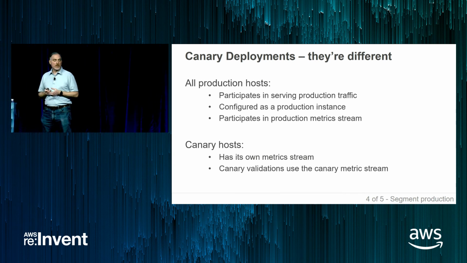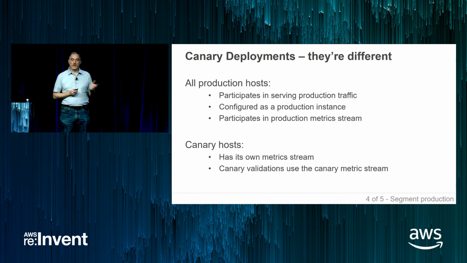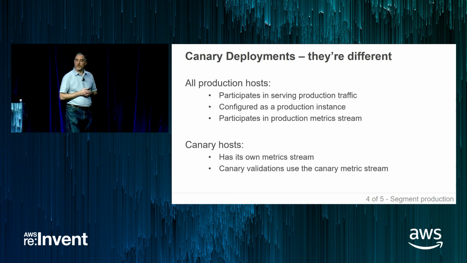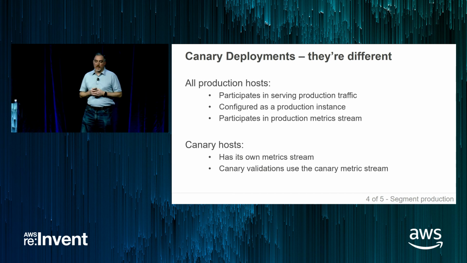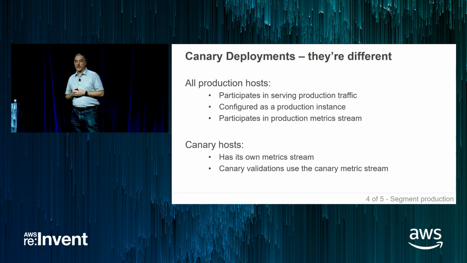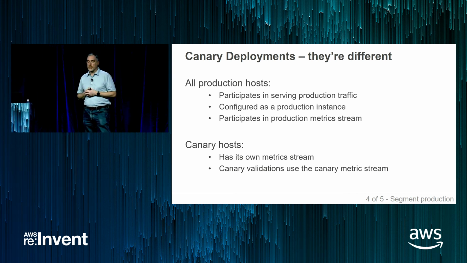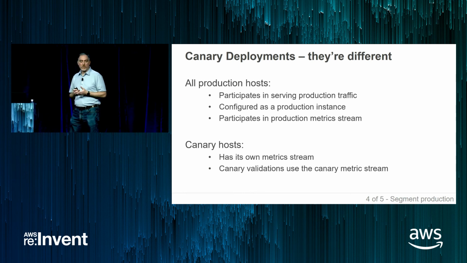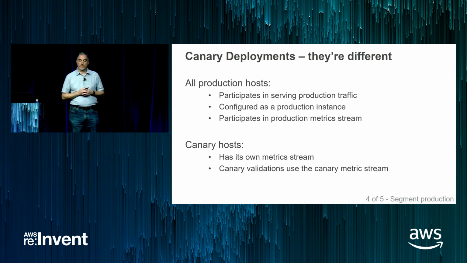Canary deployments emit their metrics twice, once for the production fleet and a second time for use in testing their deployments. Canary deployments need their own metric stream because Canary metrics can get drowned out when aggregated with the production fleet metrics.